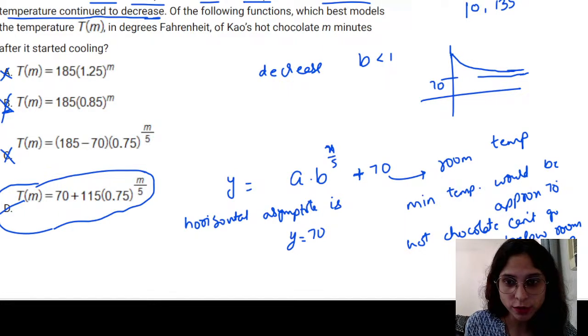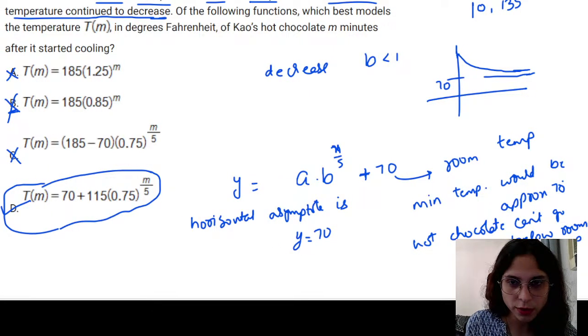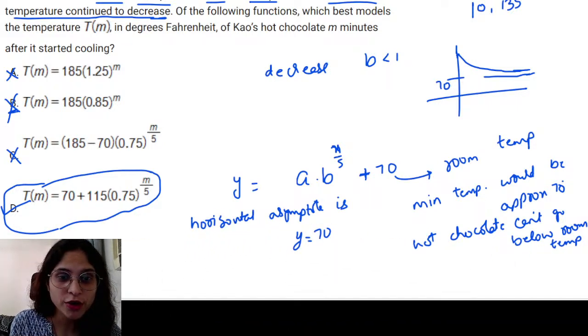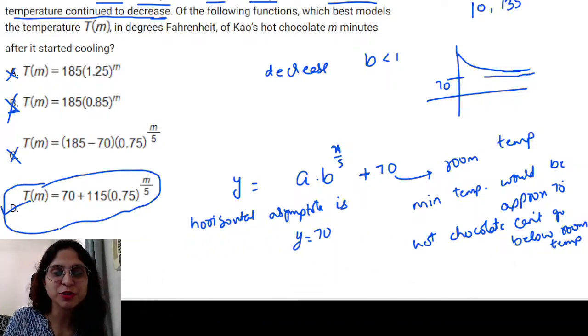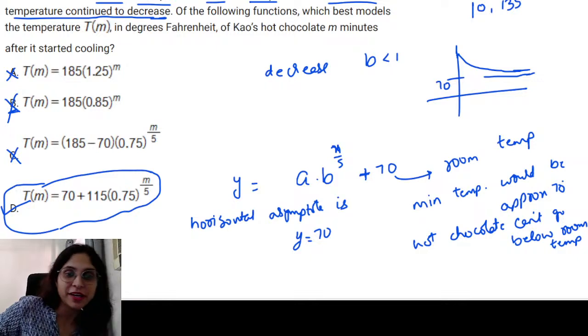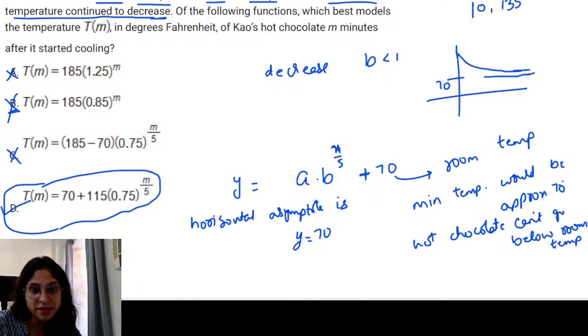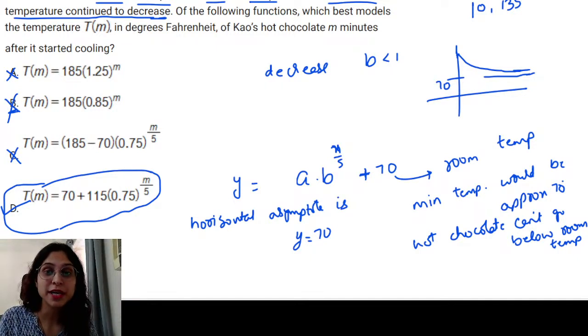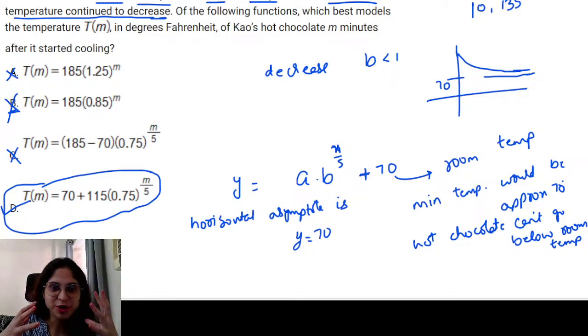So the only thing over here, how they're playing with your mind, you will not think that the horizontal asymptote is going to be 70 degrees Fahrenheit. You will just use A times B to the power x. But over here, this is A times B to the power x plus k, because there is going to be some horizontal asymptote.